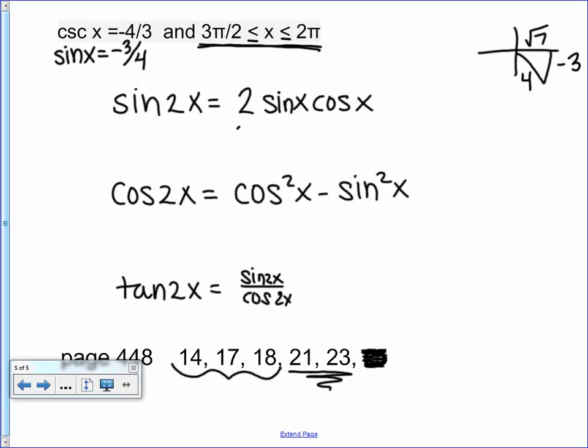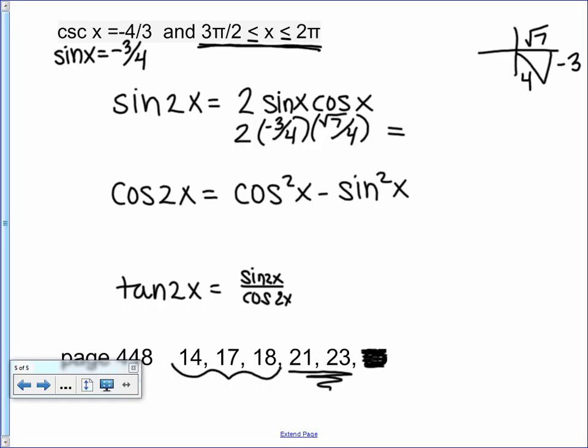Okay, so 2 parentheses, the sine of x is -3/4. The cosine of this picture is the square root of 7 over 4. And then final answer, I guess this won't be the final answer. You'll find out why this isn't the final answer.